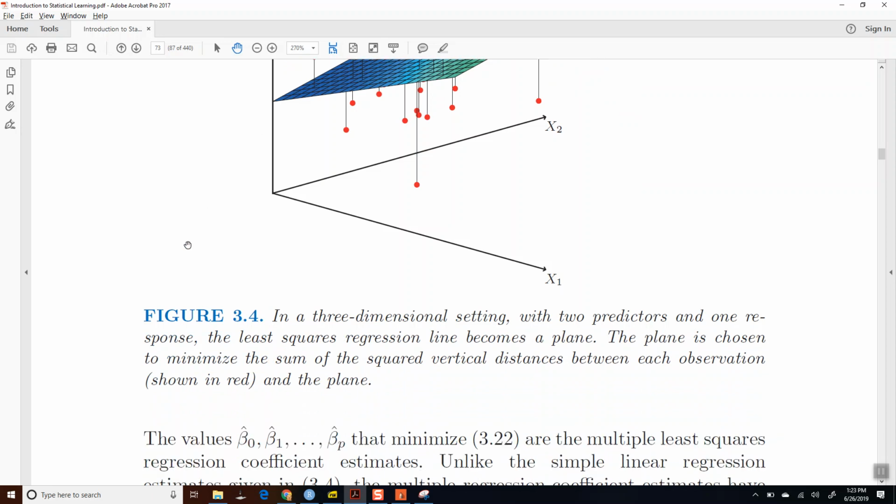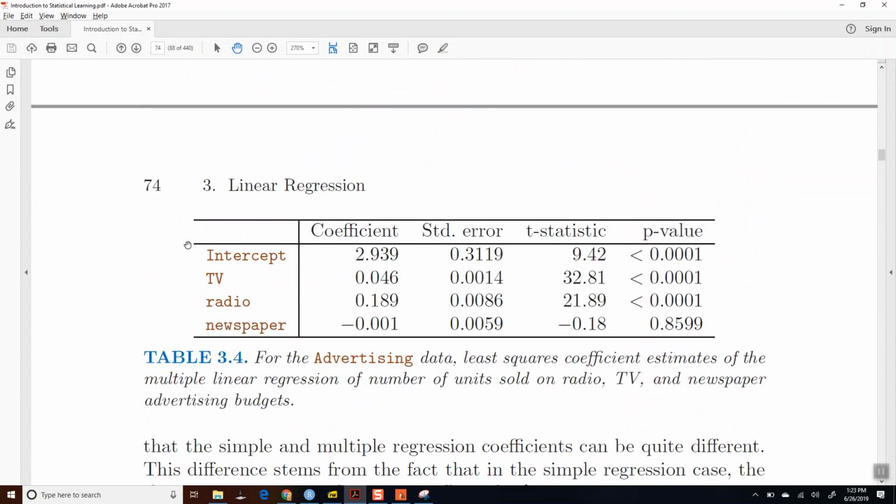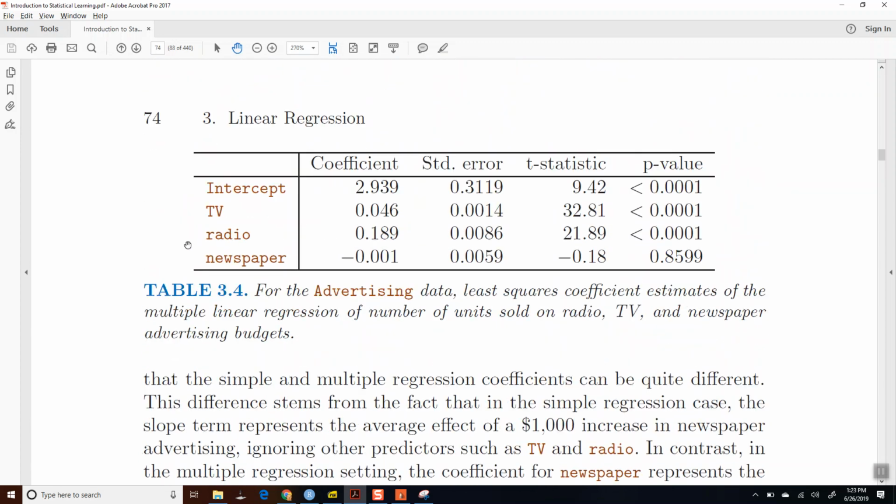But anyway, this is what we do, and the same ideas that exist for simple linear regression exist here as well. You get your coefficient estimates by minimizing the residual sum of squares, which we probably do via x transpose x inverse x transpose y, or you can use some other approach to minimize it.